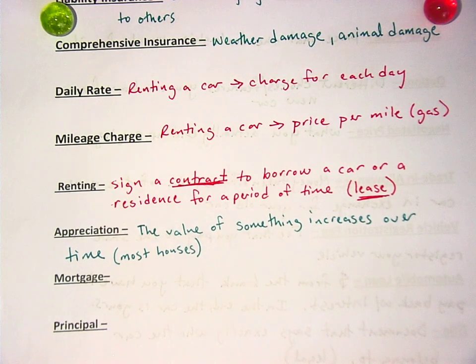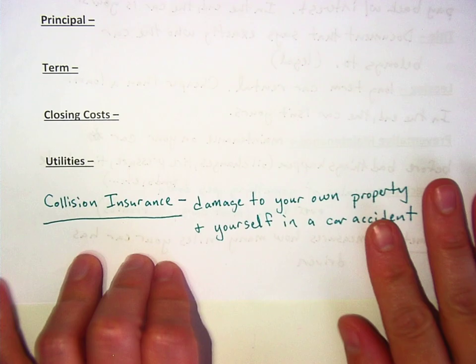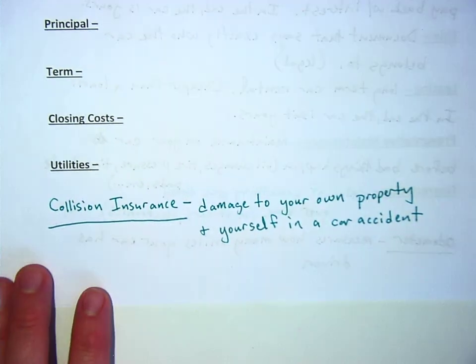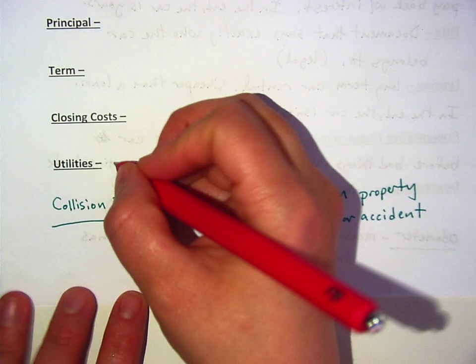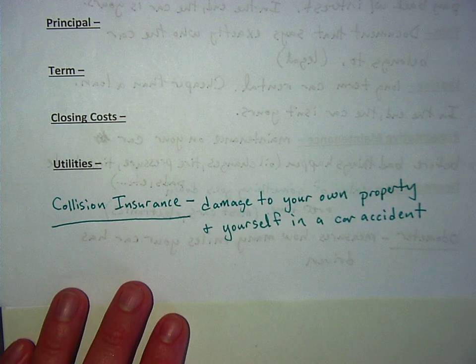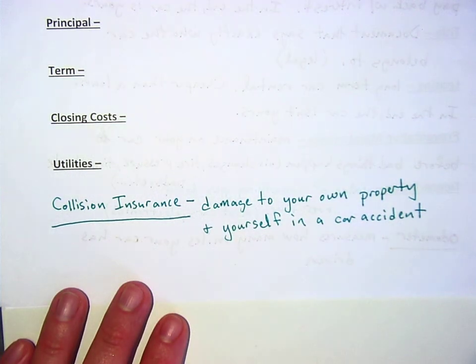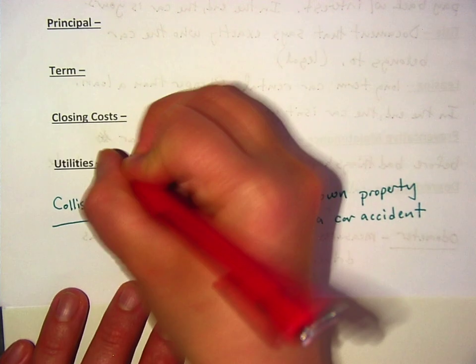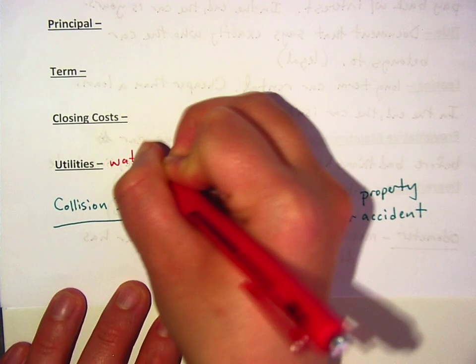The last thing that I really want to hit is, you happened to say utilities. What's included in utilities when you're renting? It's not always the same, is it? It's not always the same, so let's list options. Plumbing, water, electricity.